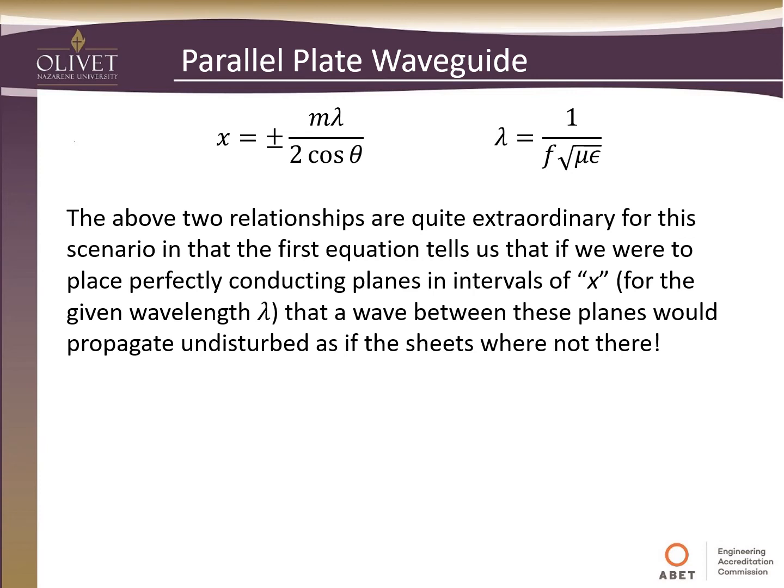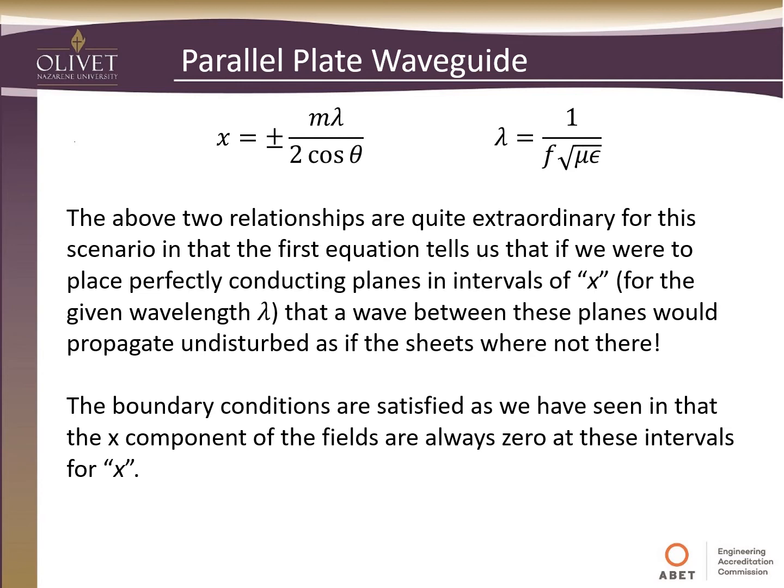The above two relationships are pretty extraordinary for the scenario, in that the first equation tells us that if we were to place perfectly conducting planes in these intervals where we saw those nodes for x, that is for a given wavelength, a wave between these planes would propagate undisturbed as if the sheets were not there. So it wouldn't matter if the sheets were there or not. Since the E field is always 0 there, it would never know.